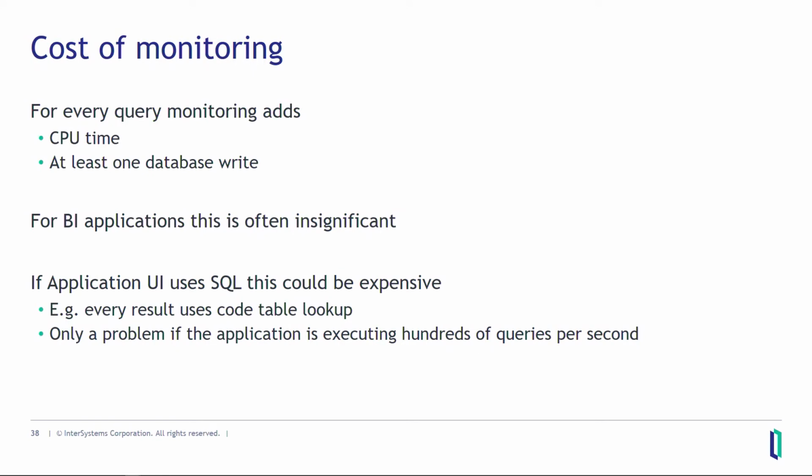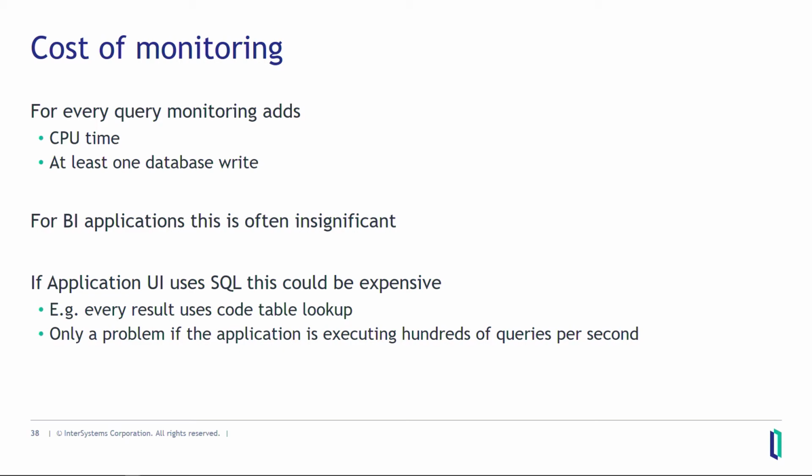Every time you run these queries, it's going to take CPU to gather the information, and it's going to have at least one database write to put that table in. For a BI application that's joining multiple tables and trawling through millions of rows, that's nothing. But there are some applications that do millions of SQL queries a day. Even on a single page, they can do thousands.